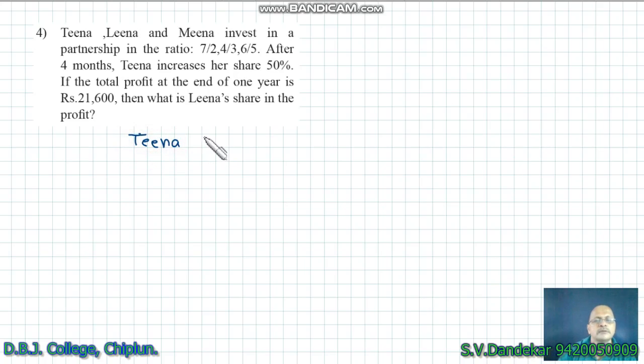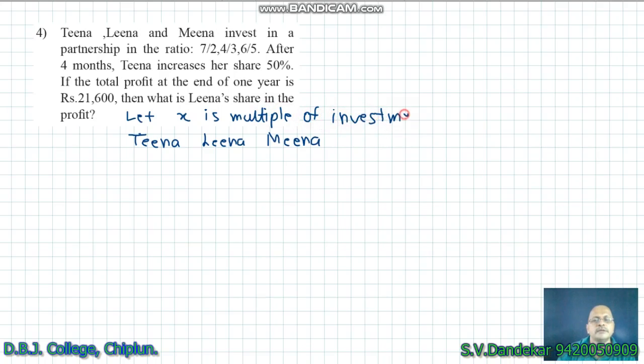Tina, Lina, Meena. Let X be a multiple of the investment ratio for 4 months.